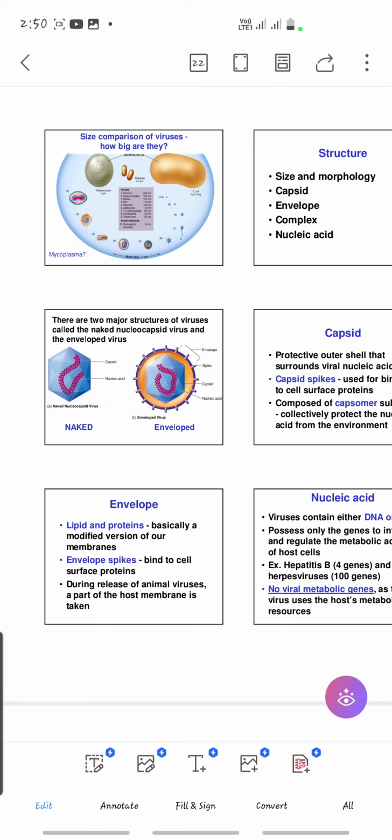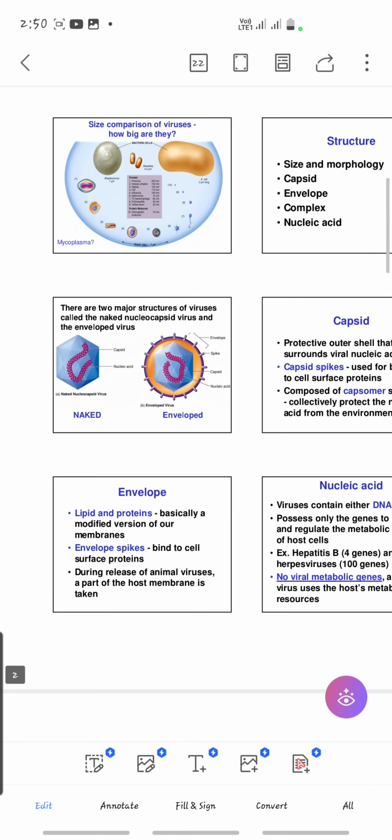During the release of animal viruses, a part of the host membrane is taken, and that would be the envelope. The main function of enveloped viruses is to contain a viral genome, and the core proteins wrap within one or more membranes. So that is how to identify what is envelope.